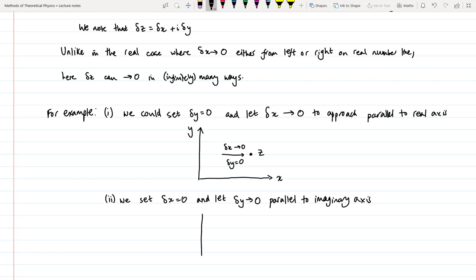And again, we can draw a little picture to see what this means. This now means that for the same point z, we're now approaching parallel to the y-axis. So delta x equals 0, and it's delta y that's approaching 0.